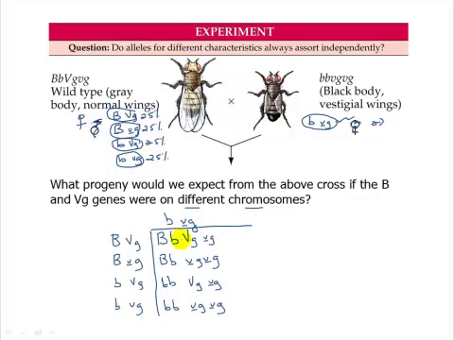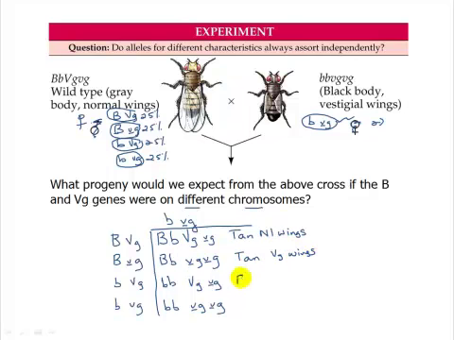And what would be the phenotypes associated with that? Well, based on the dominance relationship, these would have normal tan bodies and normal wings. I'm just going to abbreviate normal as NL. These would have normal tan bodies, but vestigial wings.